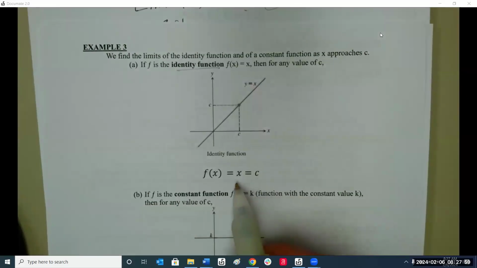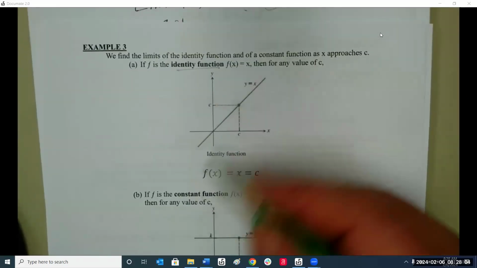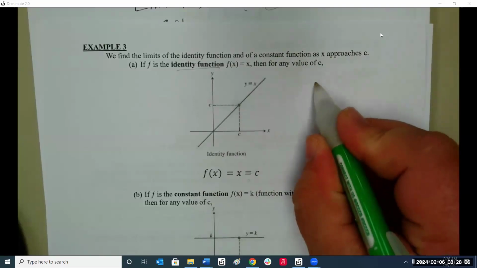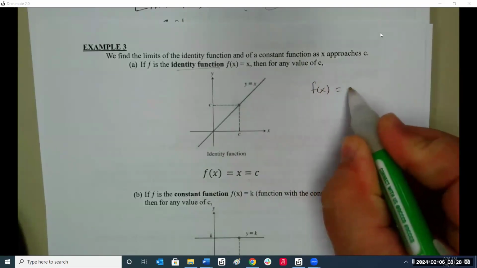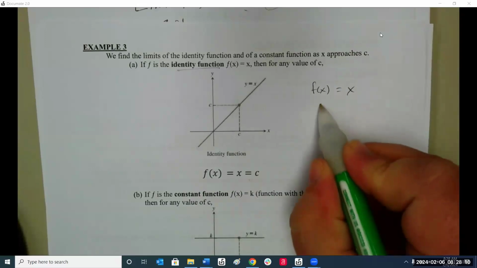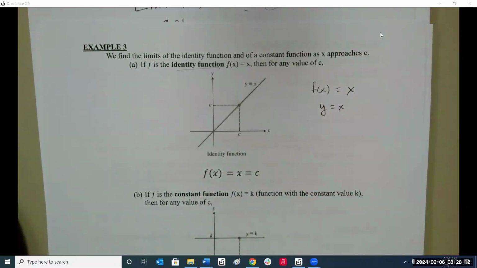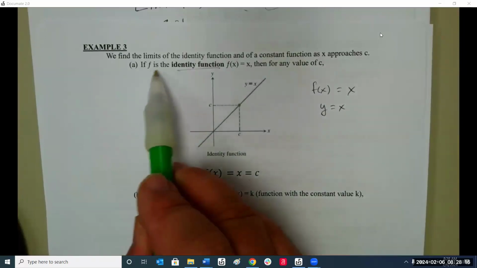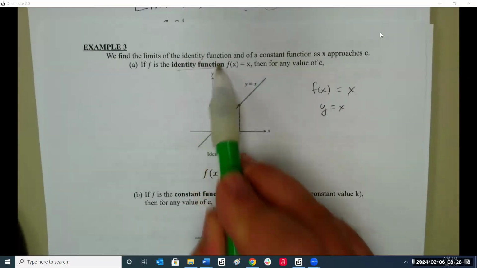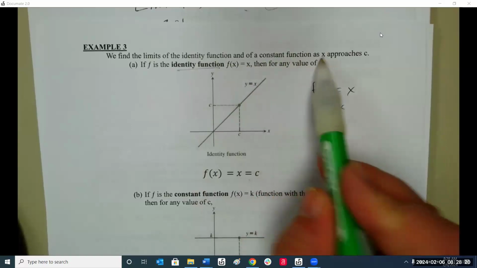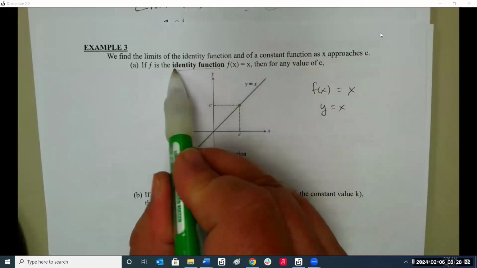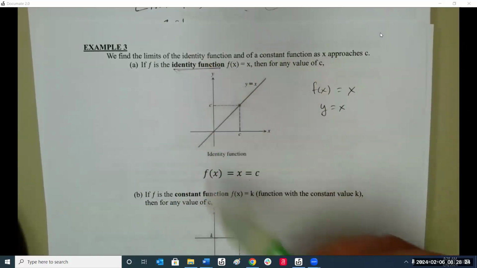The identity function, diagonal line, f of x equals x, or y equals x. We find limits of the identity function and of the constant function as x approaches c. Why is this called the identity function?